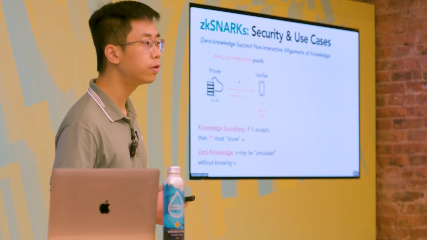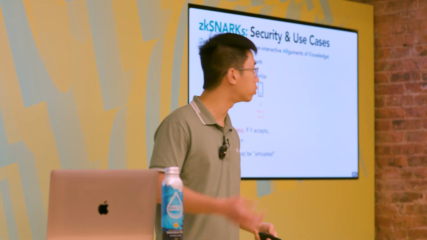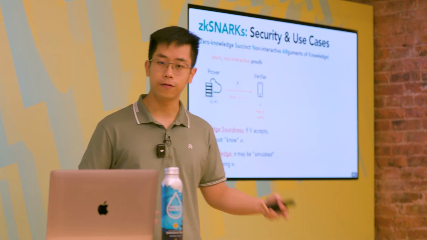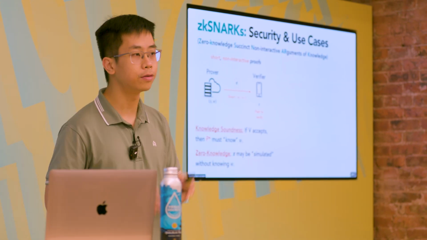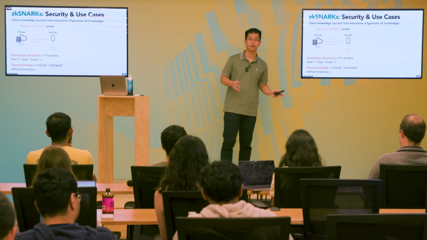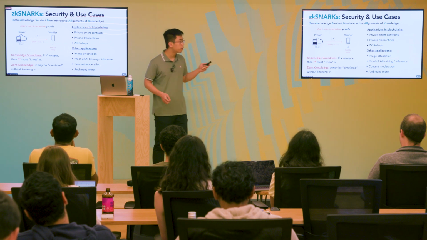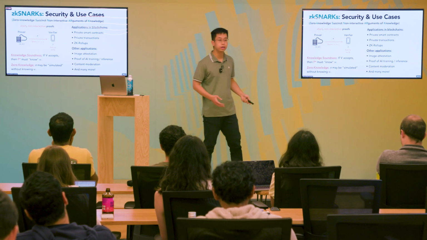These two security properties are proved with basically every SNARK construction. I think knowledge soundness is a must, and zero knowledge depends on the SNARK, whether you want it or not. Okay. And SNARKs have found so many applications both in the blockchain space and beyond.